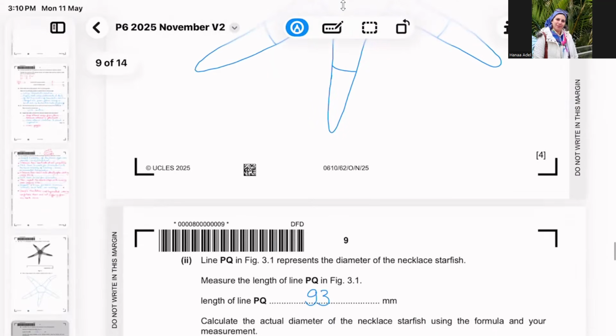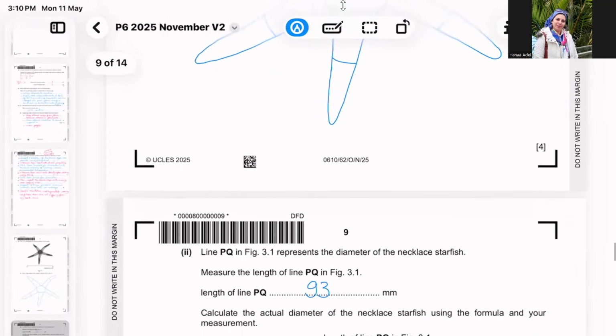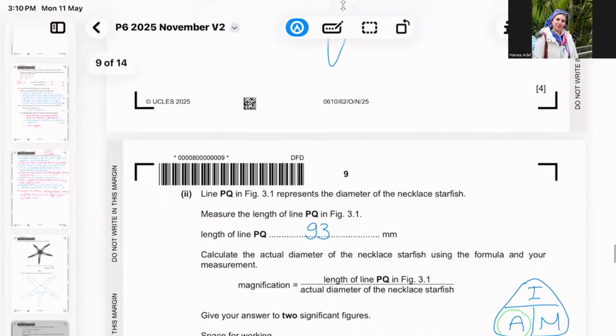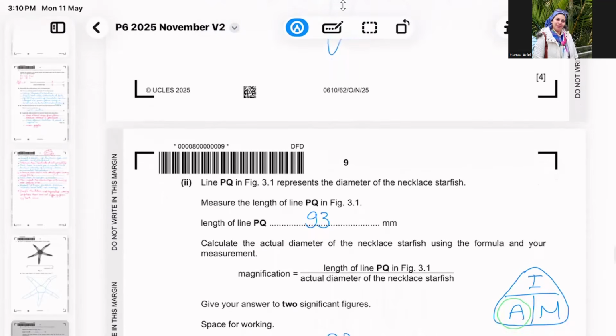So my answer is 93 millimeters. Now calculate the actual diameter of the necklace starfish. They give us the rule, but I like my magic triangle for the magnification. I represents the image, A represents the actual length, and M represents magnification.